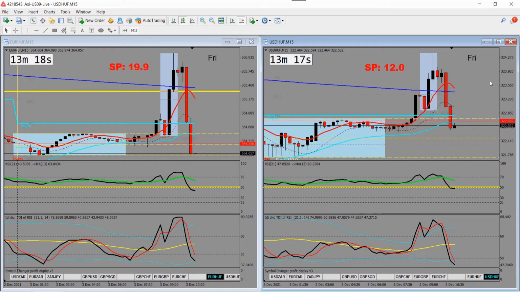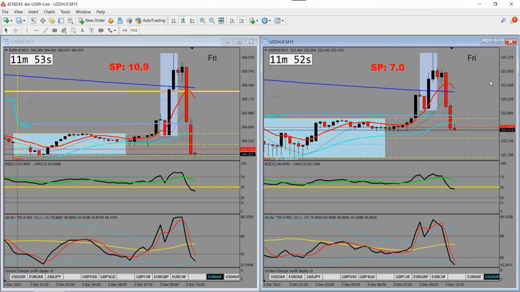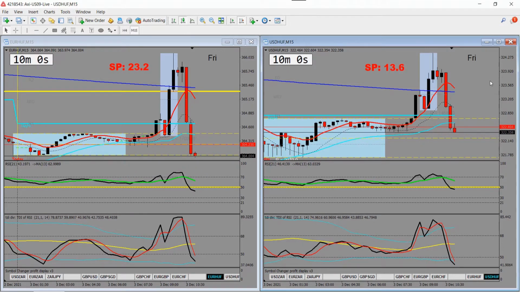Another thing to notice, we have two charts. We've got Euro Huff and USD Huff. Now, why we have the two charts, notice how bar for bar, they are the same. They are a match in bar price.